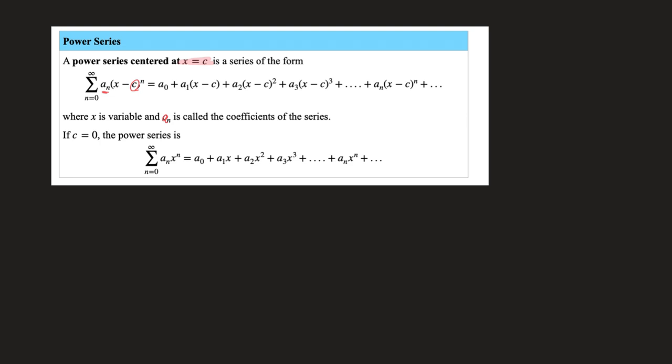So when you see this power series, x is the variable, c represents the center, a_n is the coefficient, and you're expanding the power series at x equals c.